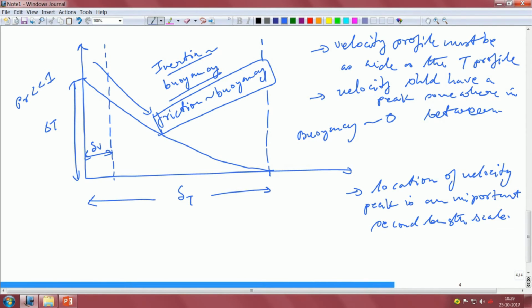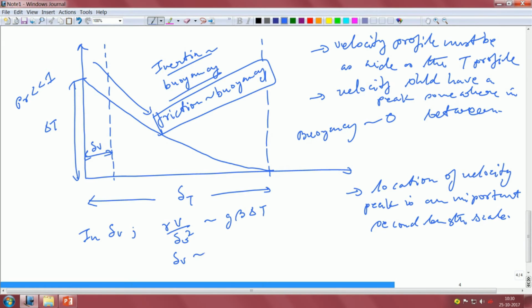Okay. So, there if we now apply our scaling argument, in that particular region, so in delta V, if we apply the scaling, that is the scaling that we have, right, that is buoyancy and this is friction, right.